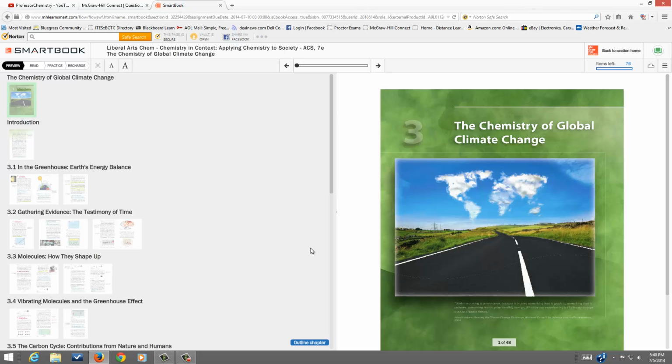All right. So what we're hoping out of this chapter 3 is that at the end of this chapter, you're going to have definite opinions about global climate change. So you hear people say, no, there's no global climate change, that we're just going through a cycle on the earth. And then other people saying, oh, we have global warming and that the earth is really warming up, and we're going to see disastrous consequences of that.